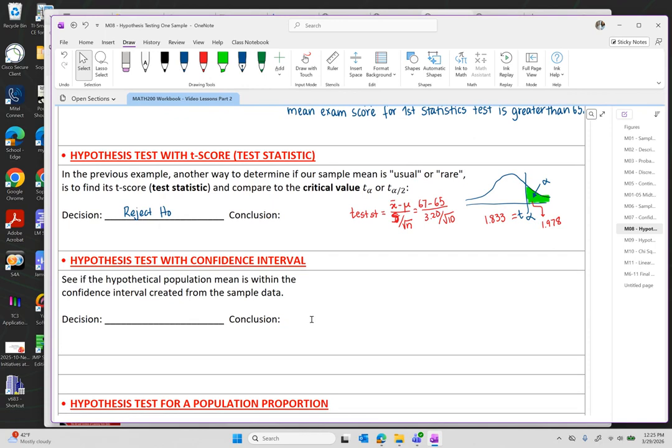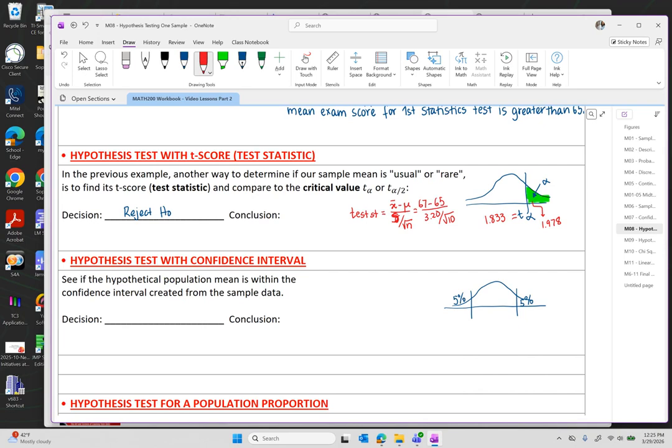But if the population mean is too far out of the confidence interval and cannot be captured, then we have sufficient evidence to reject the null hypothesis. Now again, if you want to create a confidence interval that has 5% probability on the right tail, then the confidence interval is a two-tail test. You need a 5% on the left tail.